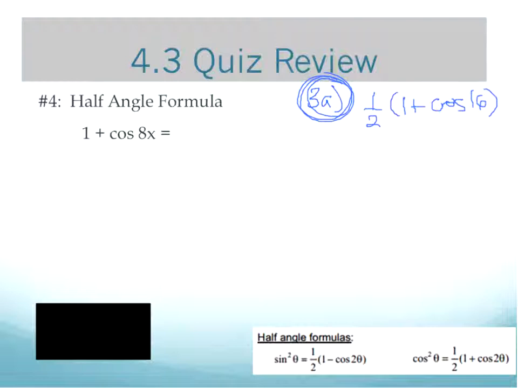And what we're going to do is rewrite it using our half angle formulas down here at the bottom of the page. So this is telling me that cosine squared theta, theta is the same as x, equals 1/2 1 plus cosine 2x. So here's my question.